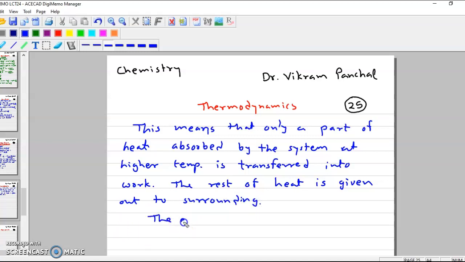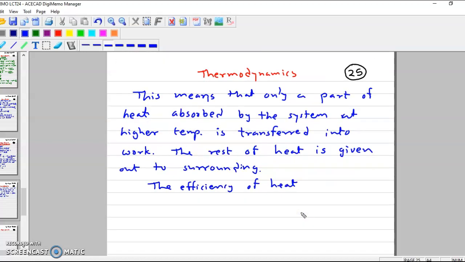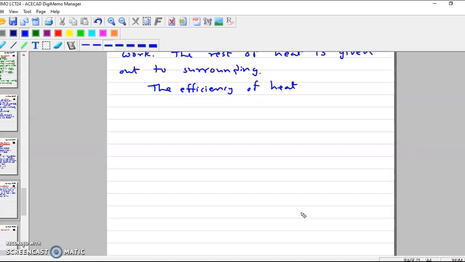So the efficiency of a heat engine is always less than 1.